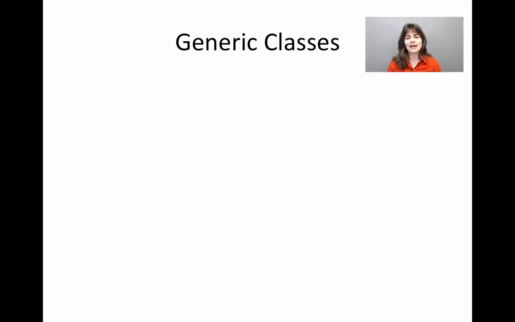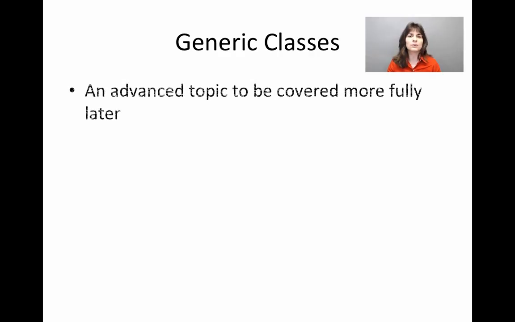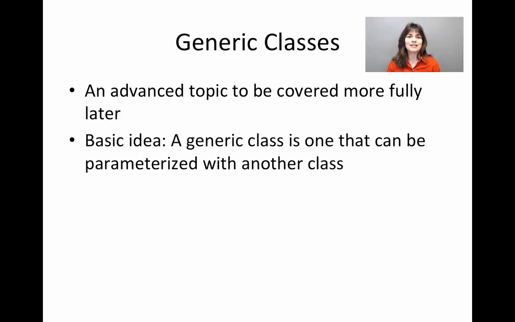The ArrayList class is an example of a generic class. Generics is a topic that we have not touched yet, but will be covered more fully later. A generic class is a class that can be parameterized with another class.